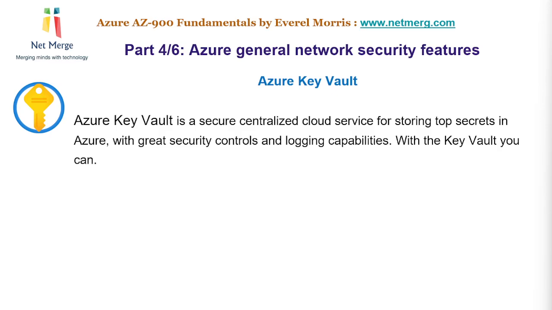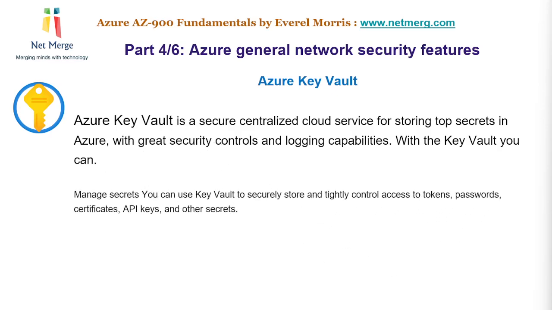With Key Vault, you could do a lot of things. It is primarily used for storing and managing secrets. You can use Key Vault to securely store and tightly control access to tokens, passwords, certificates, API keys, and other secrets. So with Key Vault, your passwords and your usernames are secured.